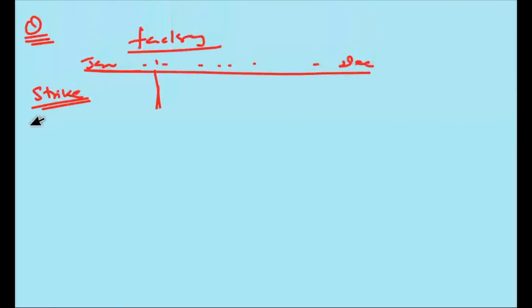Okay, the probability of a strike is, let us say, 1 by 3. But work is still going on. A little work happens during the strike, and more work happens in the required situation, meaning no strike.